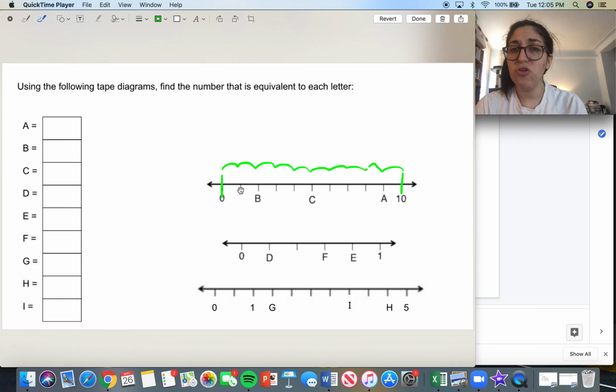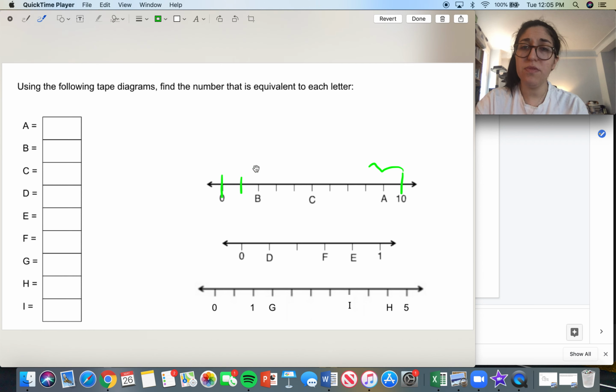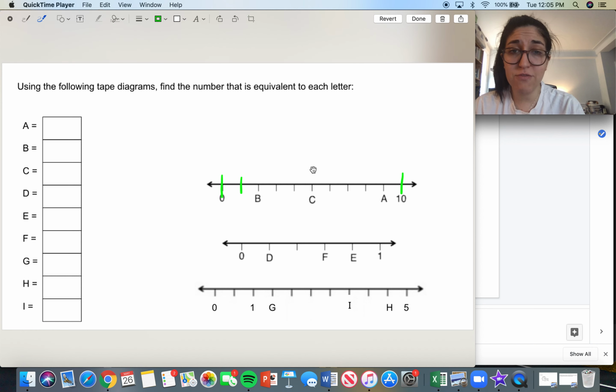Do you notice how for each one of these we could assign it a number? Because we know how many jumps we need to take to get from 0 to 10. We see how many there are. So if this is 0, this could be 1, we could have this be 2, we could have this be 3, we could have this be 4, we could have this be 5, and so on.